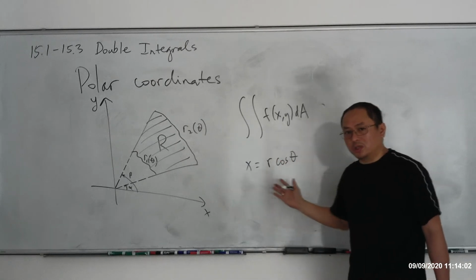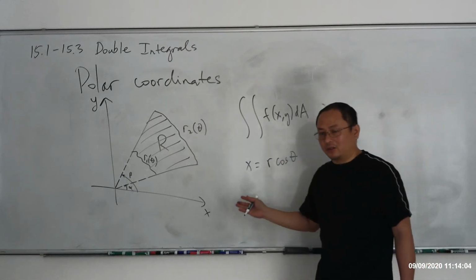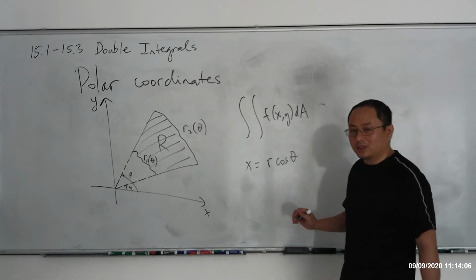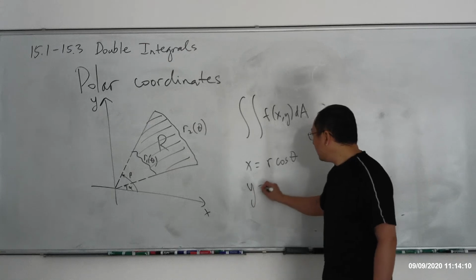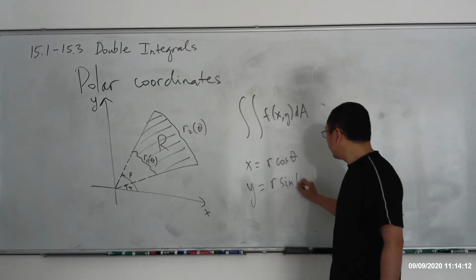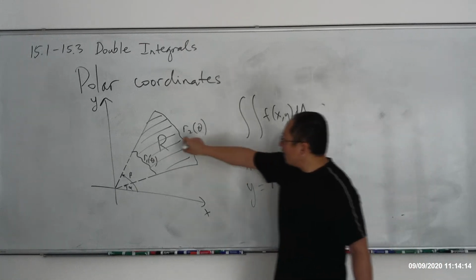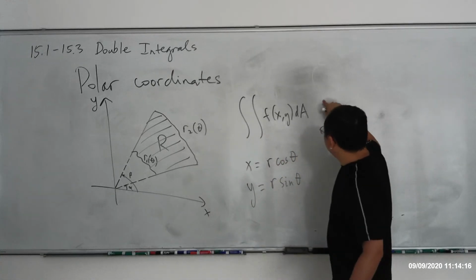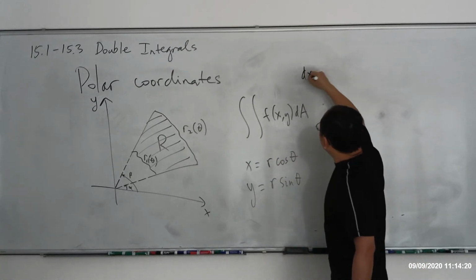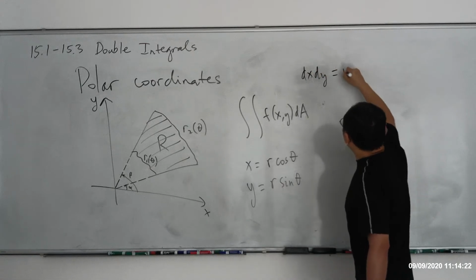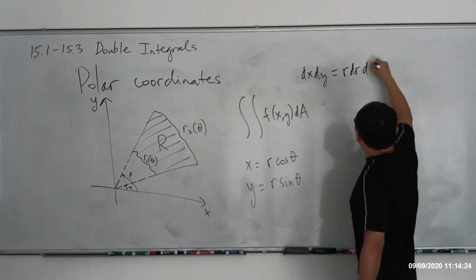I assume you guys know this already, that's why I'm running fast. If you don't know, then please go back, or maybe you'll have time at the end and I'll come back to this. And y is equal to r sine theta. And you have to calculate the little areas: dx dy is going to be changed to dr d theta, and this is what it is: dx dy is equal to r dr d theta.